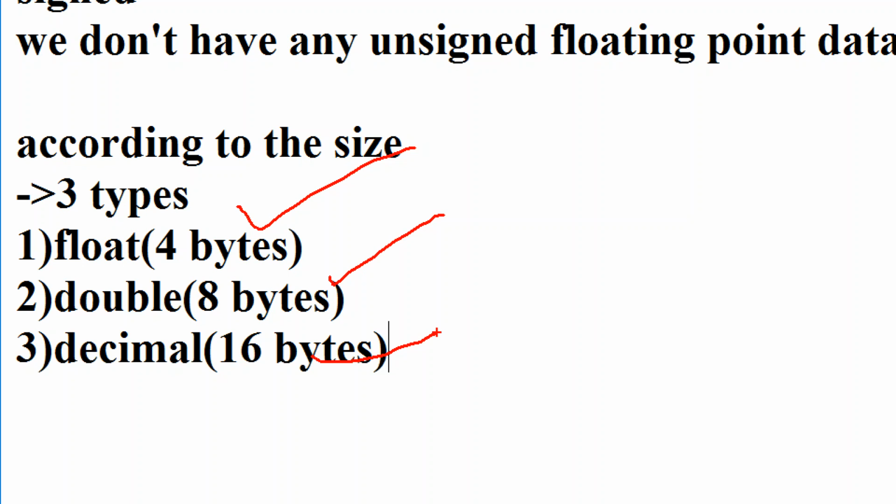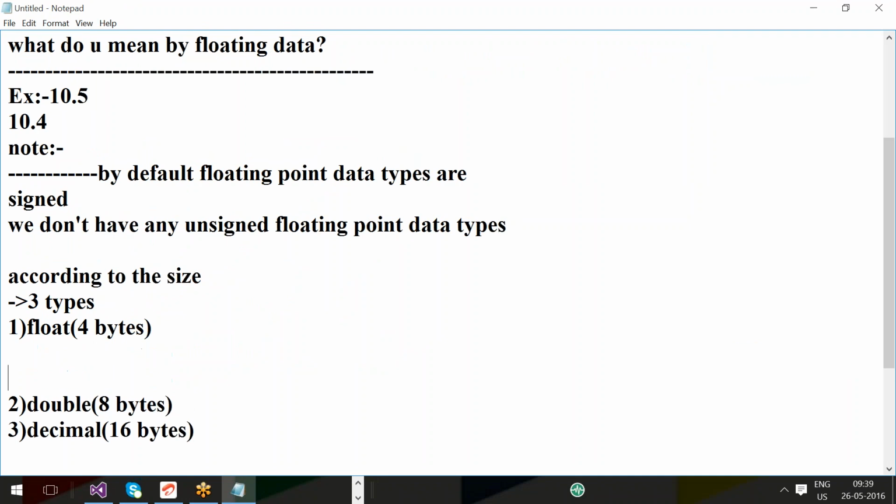Person height 5.8, 5.6, 6.2, float. Double you can use for salaries, 8 bytes, 64 bits. Decimal you can use for huge amounts of floating data.